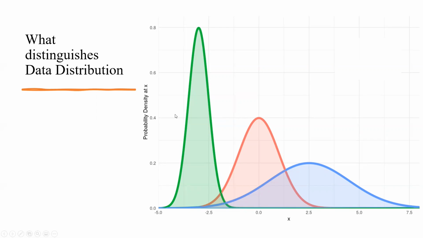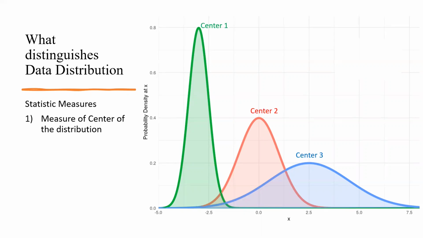And that brings us to the concept called measures of center and measure of variability. So first, let's talk about the measure of center of the distribution. That is nothing but where this distribution has the center.